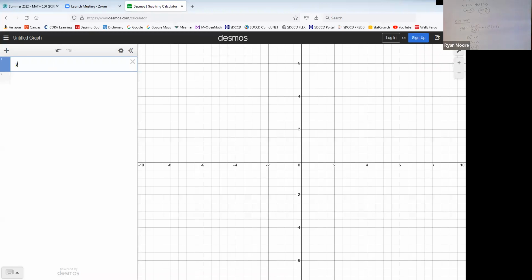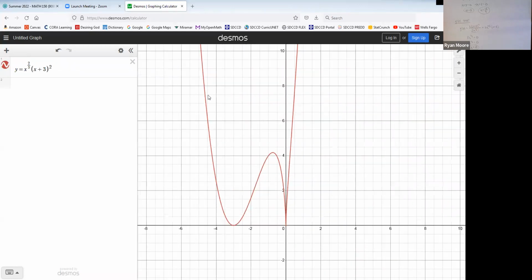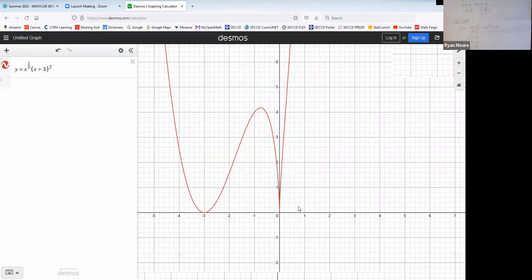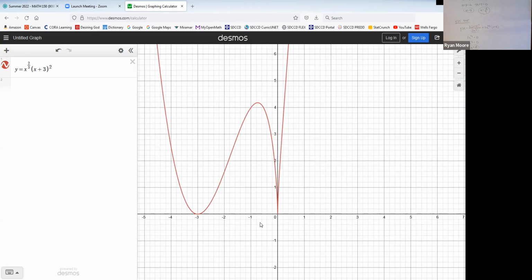So our original function was, let's call it y equals x to the 2/3 times x plus 3 squared. And it's got this kind of funky little shape, right? So it comes down, touches the x-axis, comes back, and then does like this bounce. Well, where are those maximums and minimums occurring, right? And we see one of them here at -3.